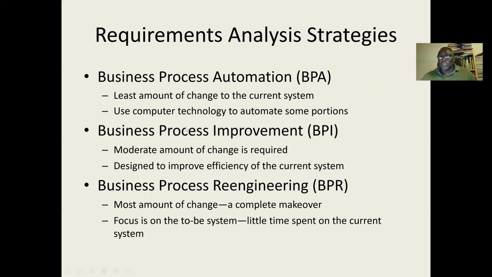Then for business process improvement, a moderate amount of change is required in the old system in order to get an improved one. So it is designed to improve the efficiency of the current system. Business process reengineering means if we have an existing system, it's like we are going to create a new one altogether.